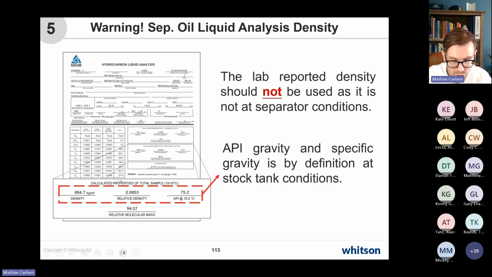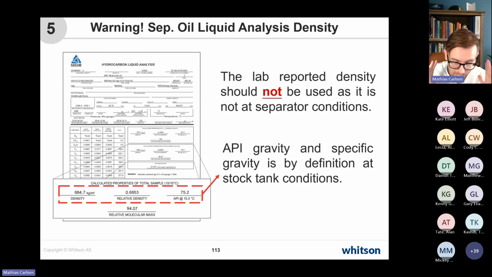So they have basically measured the density of a separated fluid and just converted it with this formula to an API number, which doesn't make sense, because when you flash this fluid to stock tank conditions, some gas comes out of the system, and you're now dealing with a different composition.